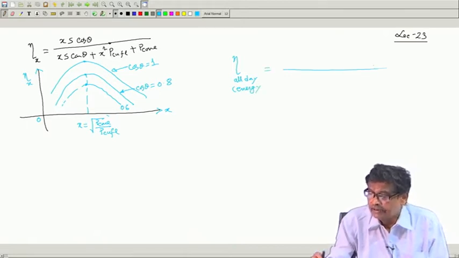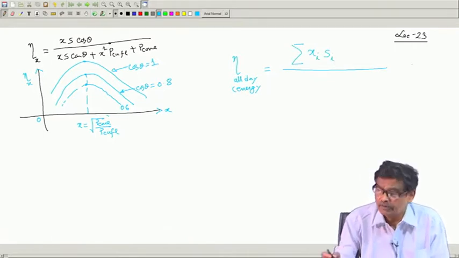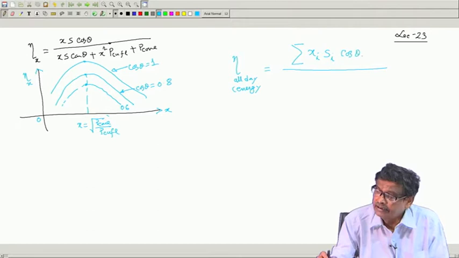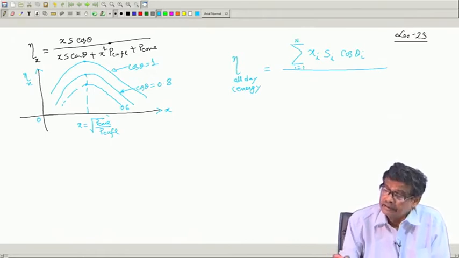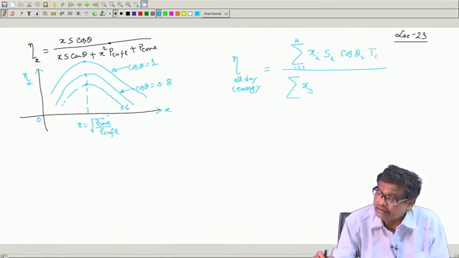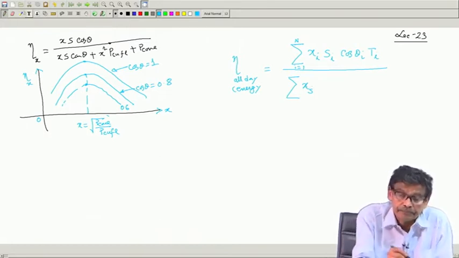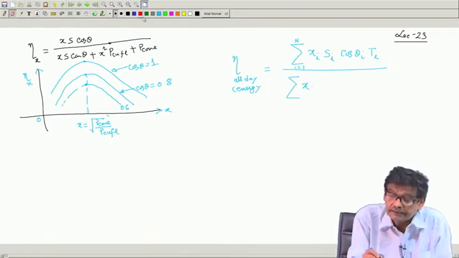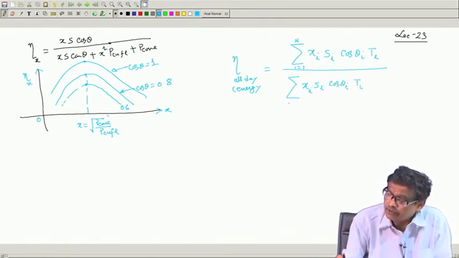And we found that this will be equal to the sum of x i S i cos theta i, where i is equal to 1 to n, into T i, which is the output energy, T i being the interval of time summed over i.